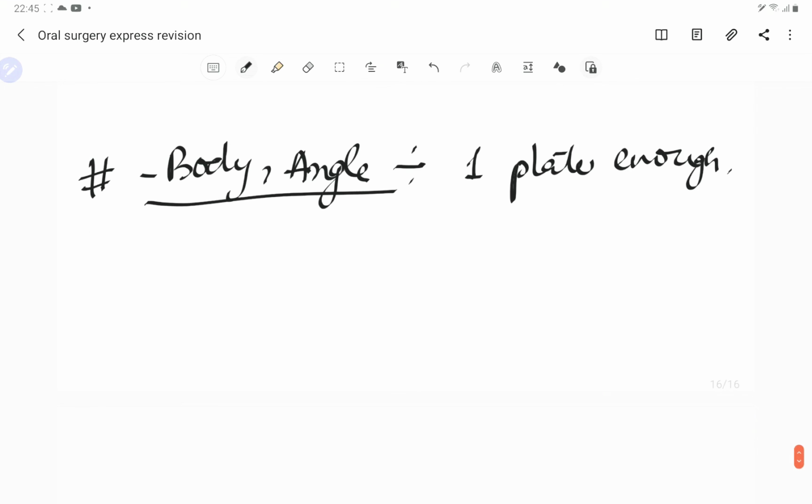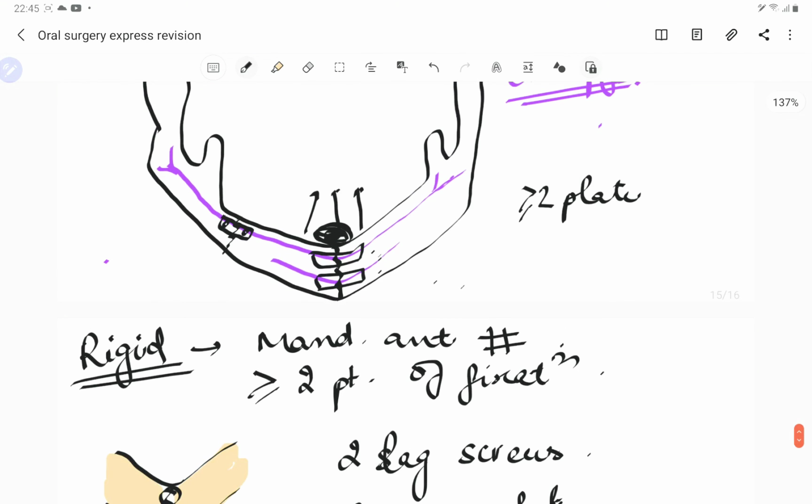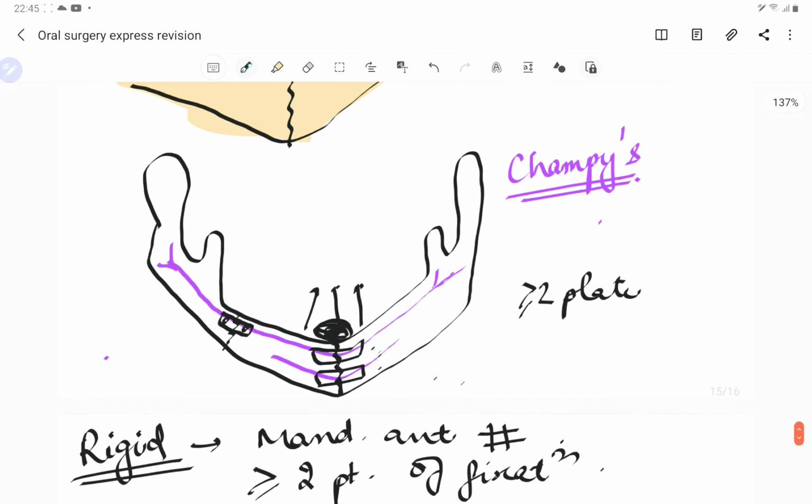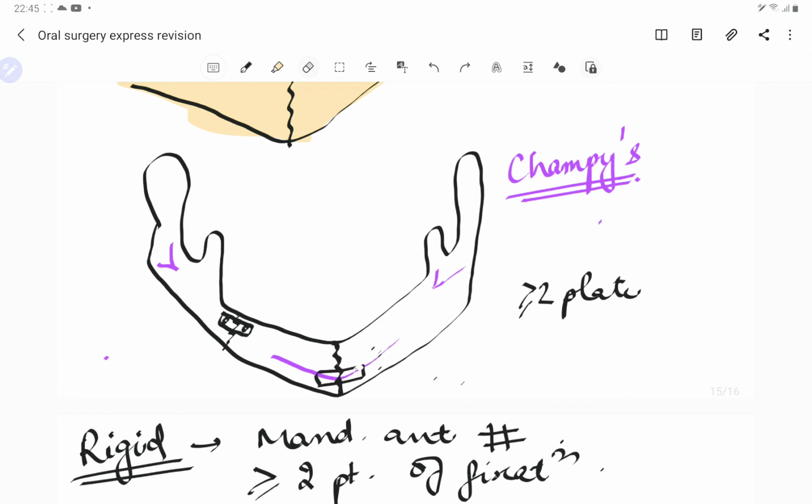Basically you are going for non-rigid fixation here. Right, now we know that we have to put the plates along the Champy's line, and we have got 2 Champy's lines, one in the superior border of the mandible, another one in the inferior border of the mandible, guys.